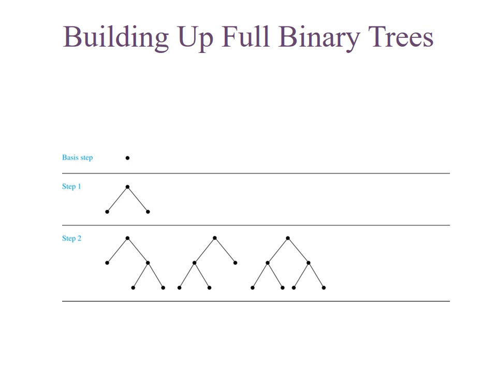So if this one is T1, this one is T2, then we add edges to a new root, which is R here. This will be our new full binary tree. So now we have this one and this one as full binary trees. So this is the left tree, this is the right tree. So we add edges to a new root R. So this is the new full binary tree.